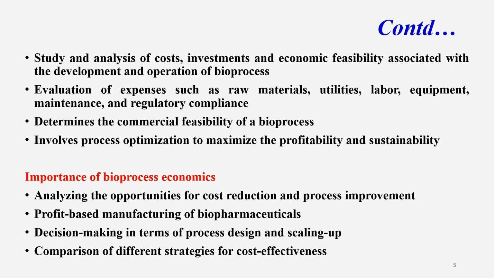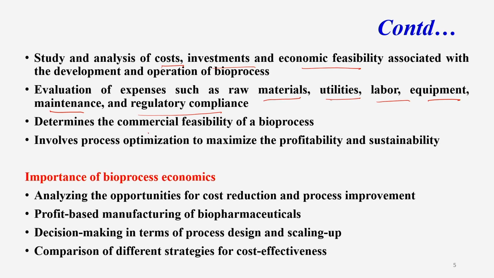In the case of bioprocess economics, basically it studies and analyzes the cost, investment and economic feasibility associated with the development and operation of a bioprocess. What components does it consider? It considers raw material, utility, labor, equipment, maintenance and regulatory compliance.